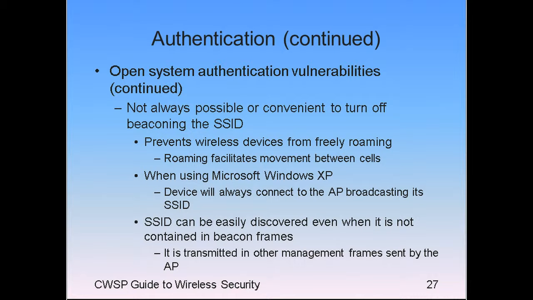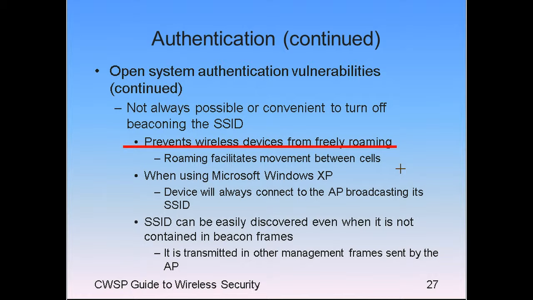In a large area, we may need to have multiple access points. What roaming allows us to do is go from the connectivity of one access point to the next access point to the next access point without losing our connection.